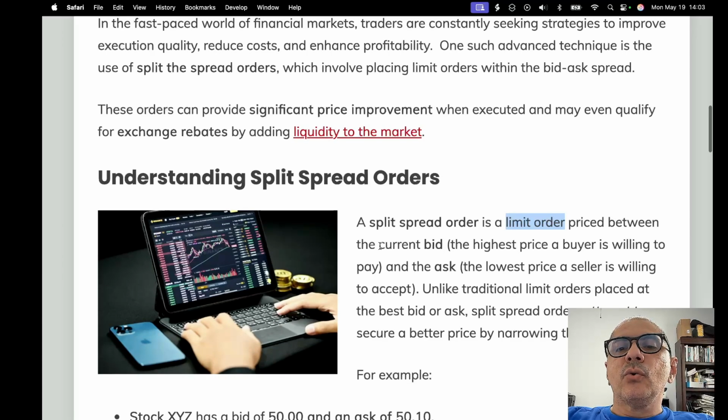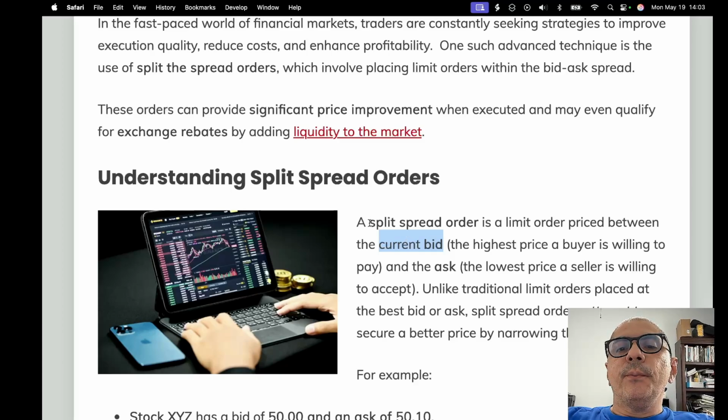This is important because if you don't use a limit order and instead use a market order, you're going to be served at the bid or the ask, depending on the kind of order to buy or sell that you are placing.